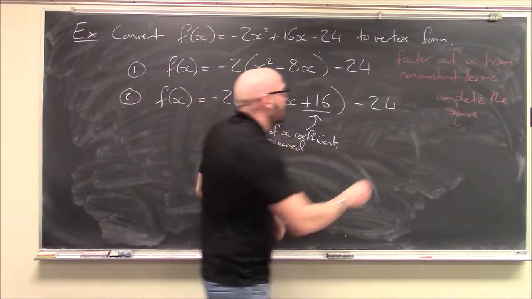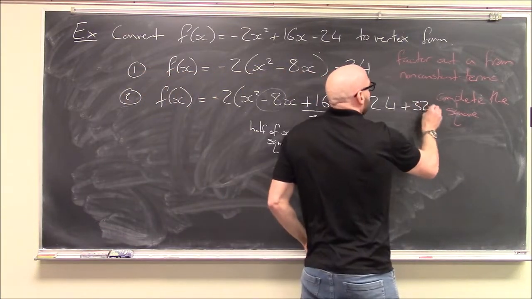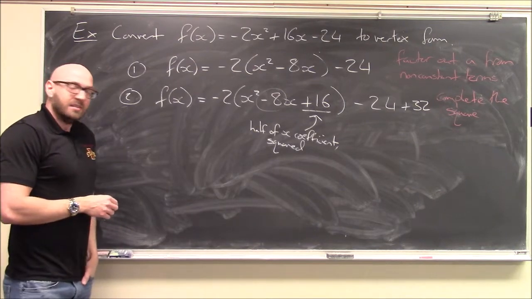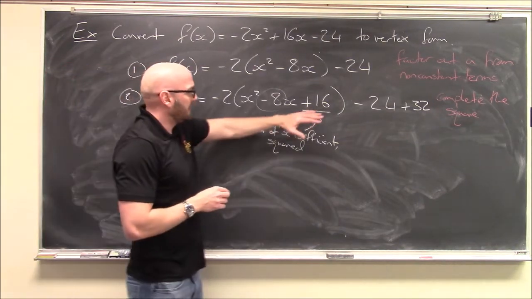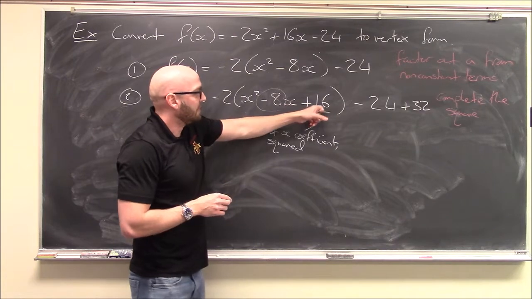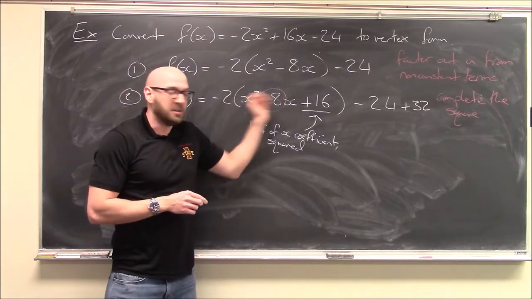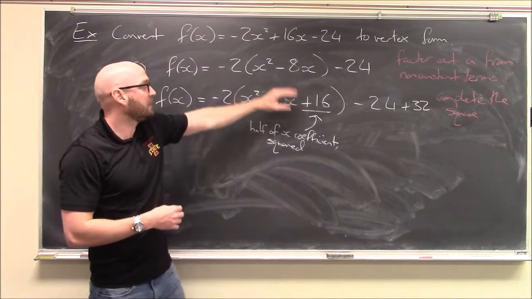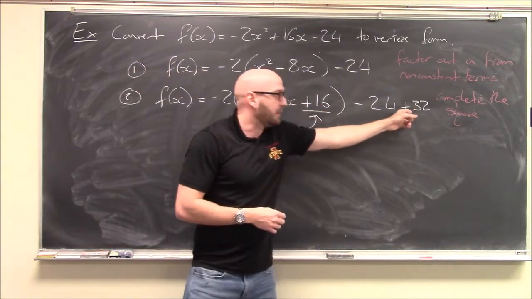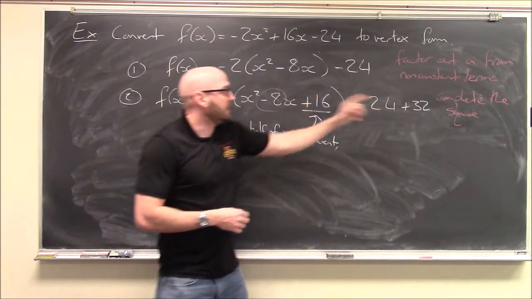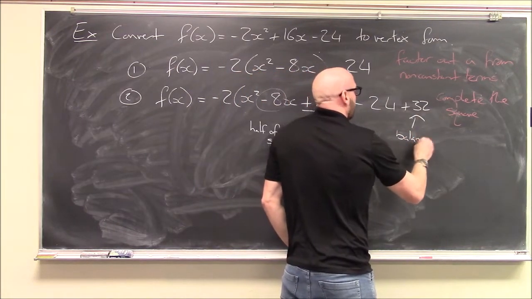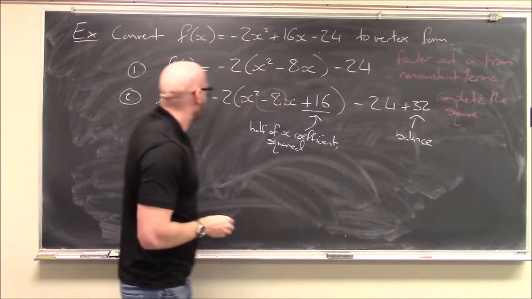To balance that out, I need to add 32 to the entire function. Do you see how that works? To keep it equal to what I started with, I need to add 32 as well. So I'm minusing 32 and then adding 32. This is just my balancing term, and that's important.